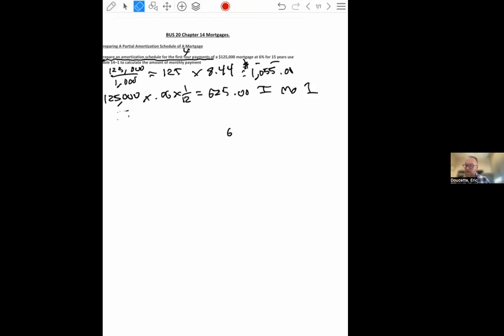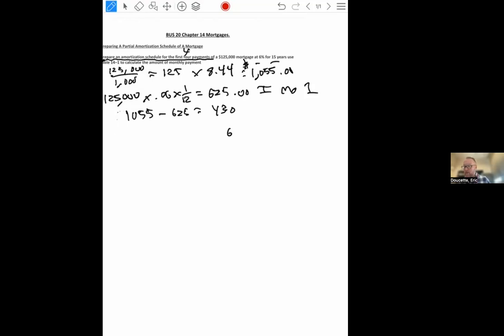So my payment comes in at $1,055, but I have to subtract the 625 because that's the interest that's going to be taken out of that payment. And so that leaves me a remaining $430 that I can apply towards my principal amount that I owe.